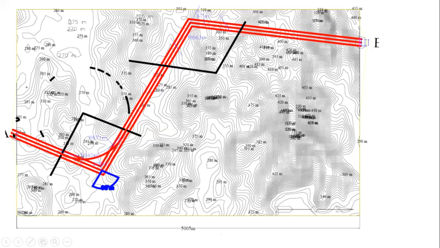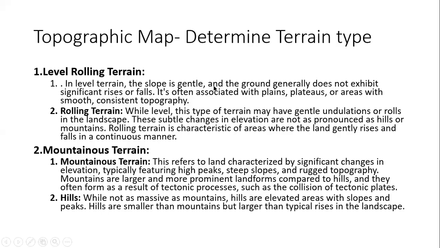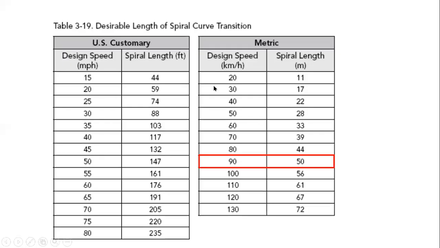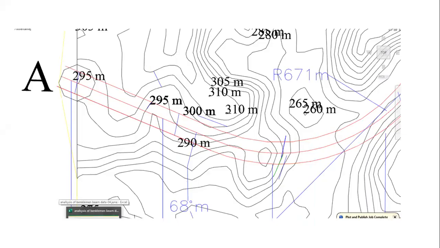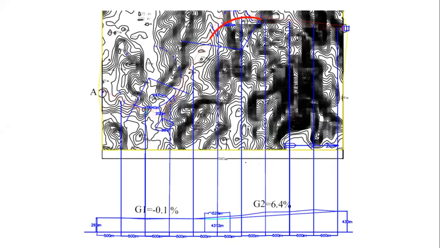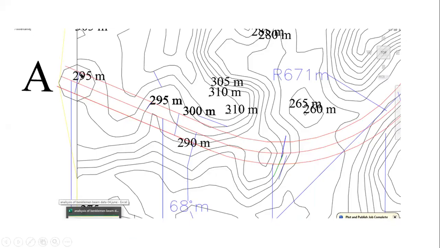So what we have done is, this is my center line, or maybe this diagram will explain it better. This is the horizontal alignment.